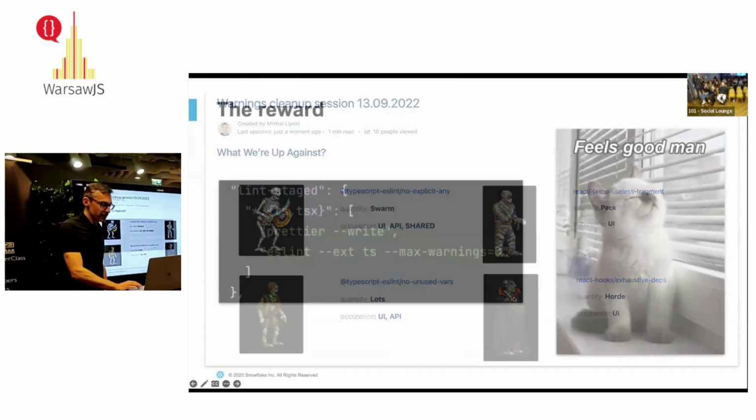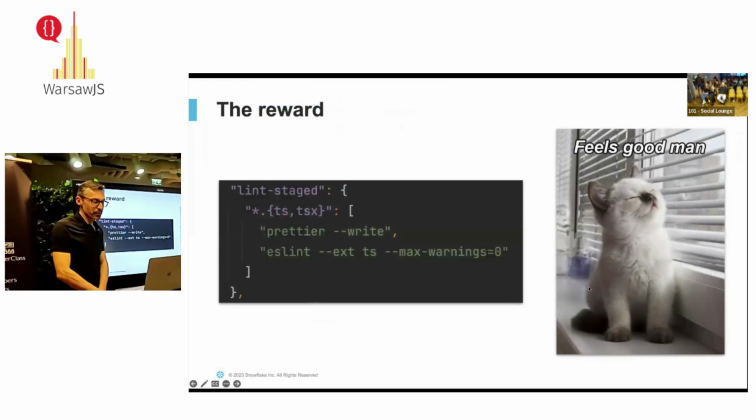So what's in the end? What's waiting for you? The reward is to have no warnings in your code. Max warnings equals 0. It's a really good feeling and good for your code and for your team. So I hope you will get there. Thank you.